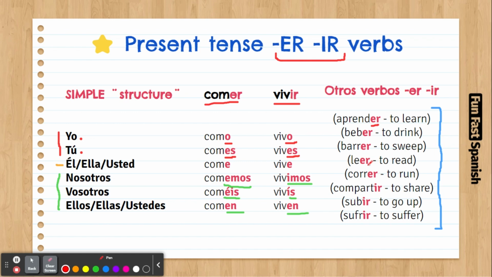Now the last one is you asking somebody, let's say, let's use the verb leer. I really like this verb, which is to read. Leer. So, how would you ask a person, do you read? Just do you read in general? I'm going to give you 3 seconds for this one from now.